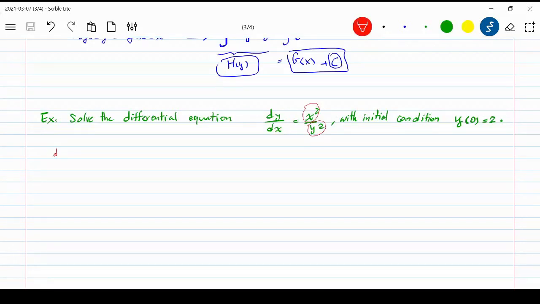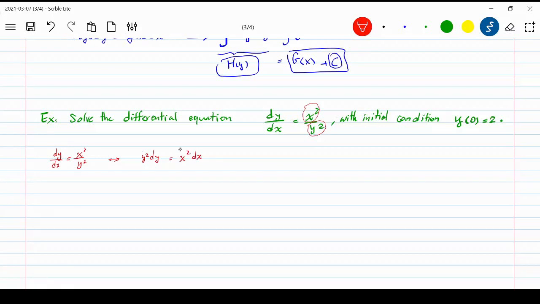So we have dy over dx given as x squared divided by y squared. If you cross multiply, what you get is y squared dy equal x squared dx.